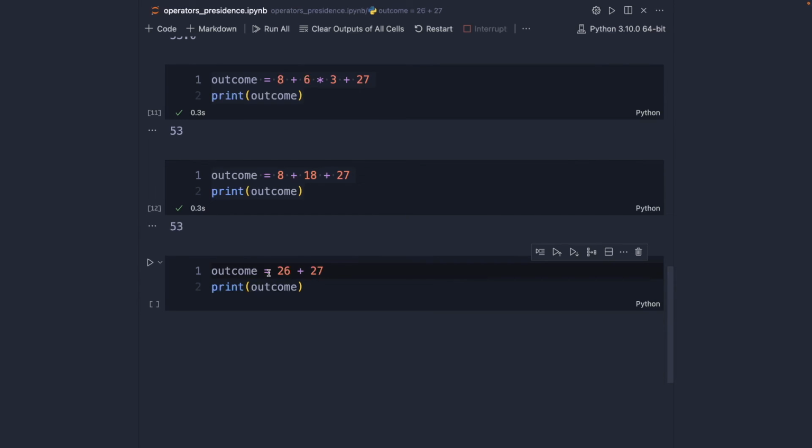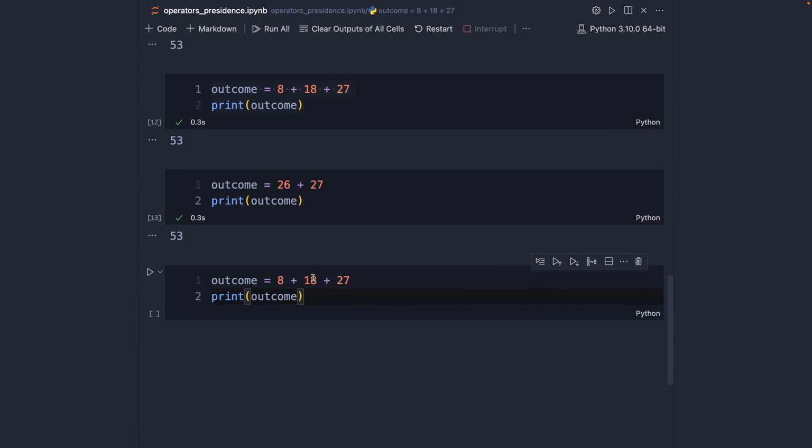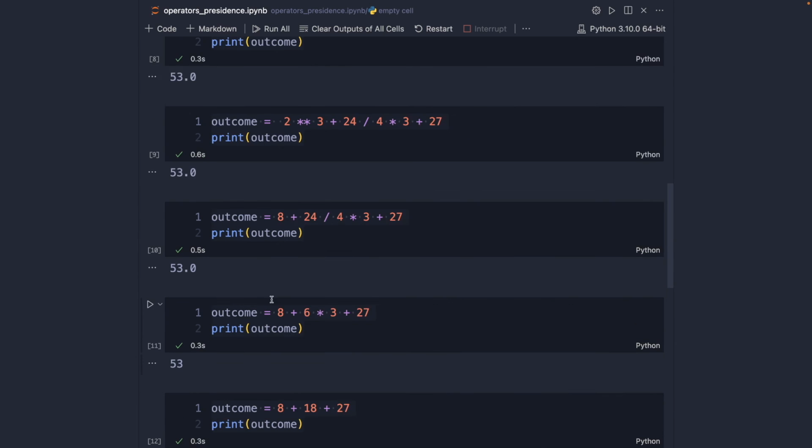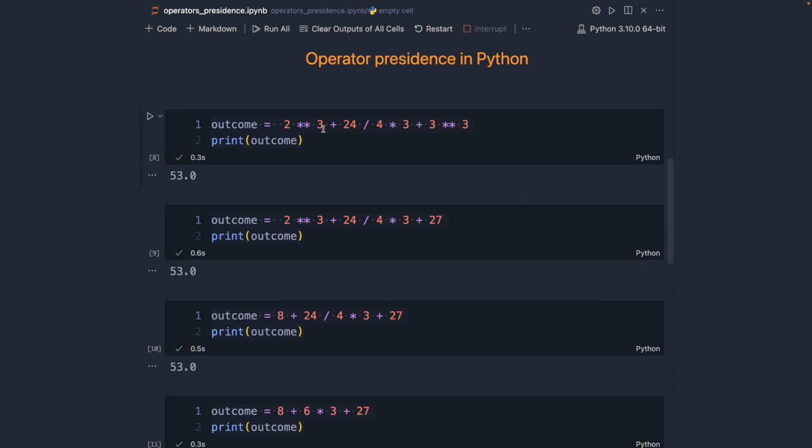Now we have two operators, assignment and addition. So addition will be executed first, right? Because it has the higher precedence. So 26 plus 27 will be evaluated to 53. So that's how this expression evaluated into the value 53.